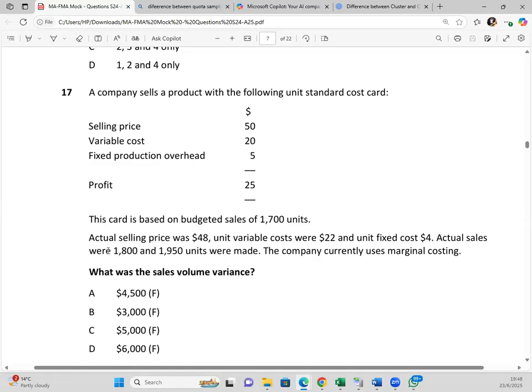Actual sales were 1.8 and the budgeted sales were 1.7. Then let's check the contribution. The contribution we use is the standard, not the actual. Remember, contribution is the selling price minus variable cost. So the contribution is 50 minus 20, which is 30.